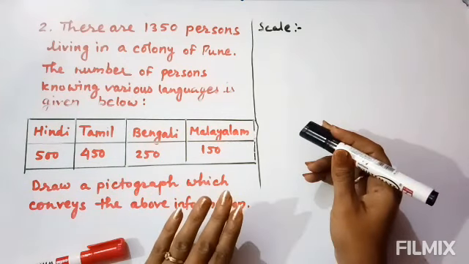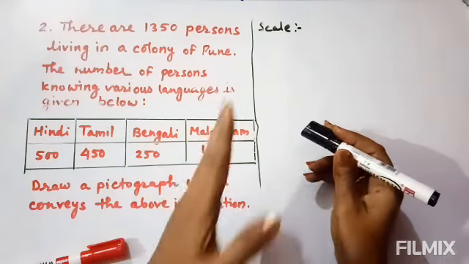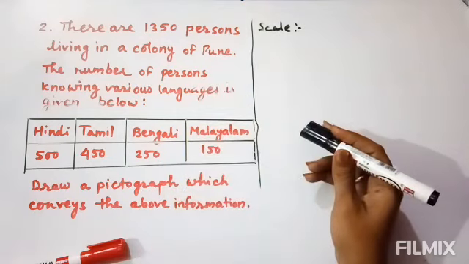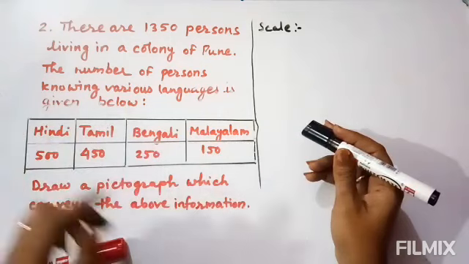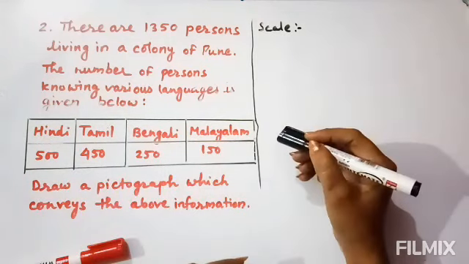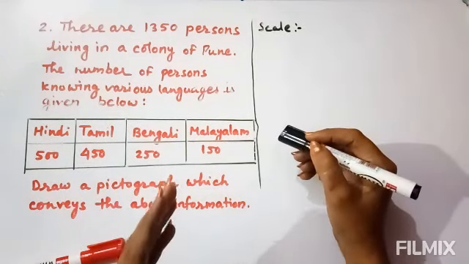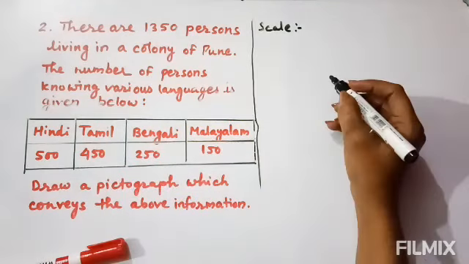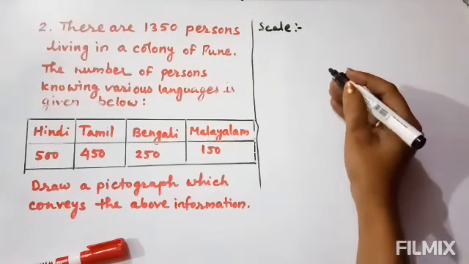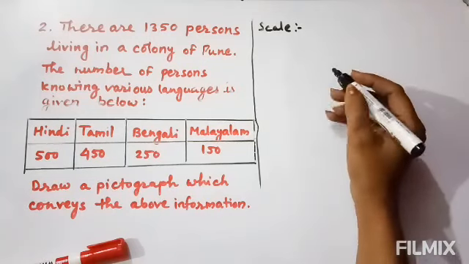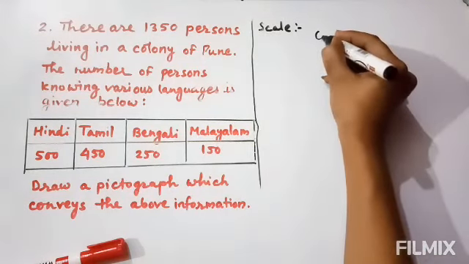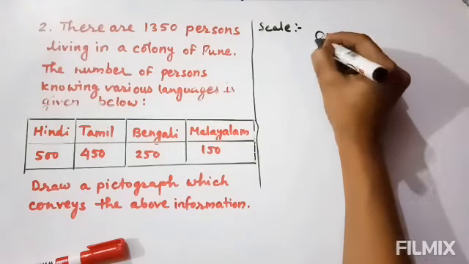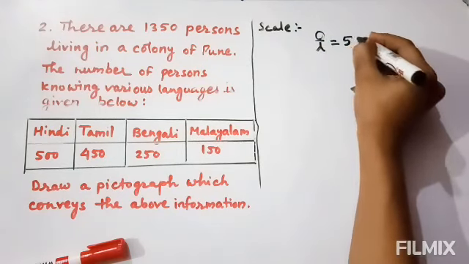For this pictograph, first we need to find the scale. As you can see, the given numbers are divisible by 50, so I will take 50 as the scale for each symbol. Whichever symbol you want, you can choose. I am going to choose this symbol for 50.